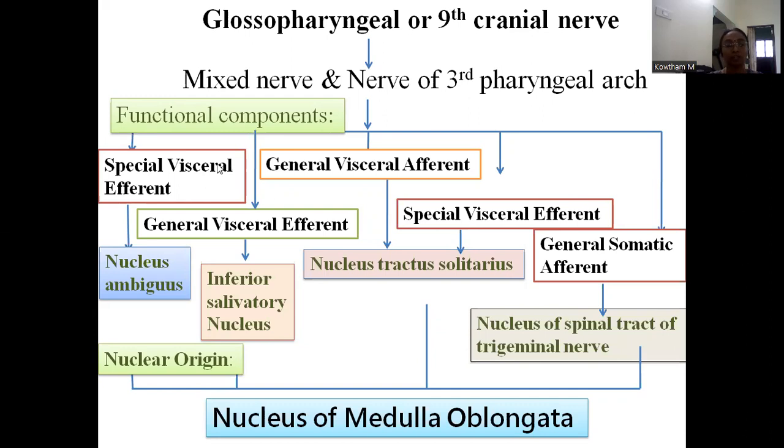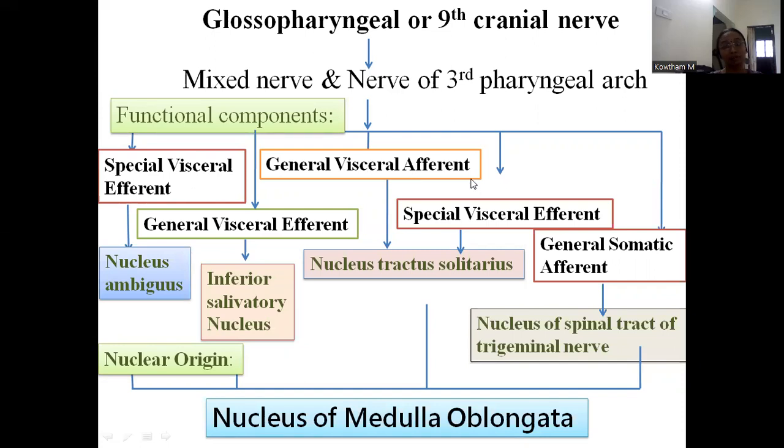So there are totally 5 functional components. You can easily remember them. The first one is special visceral efferent. Visceral efferent is general and special, but the nucleus is different: special visceral efferent from nucleus ambiguus, general visceral efferent from the inferior salivatory nucleus.